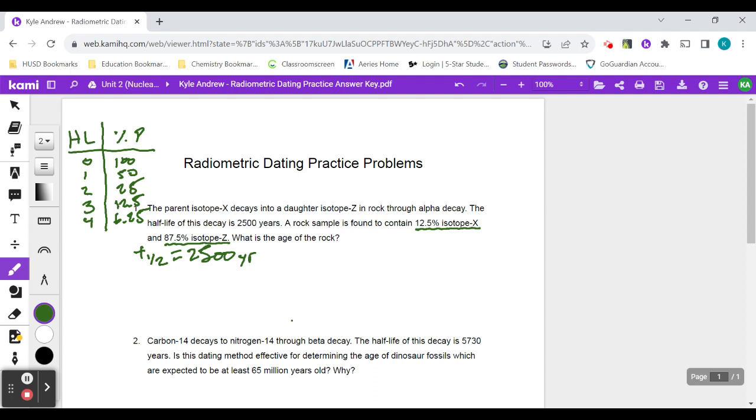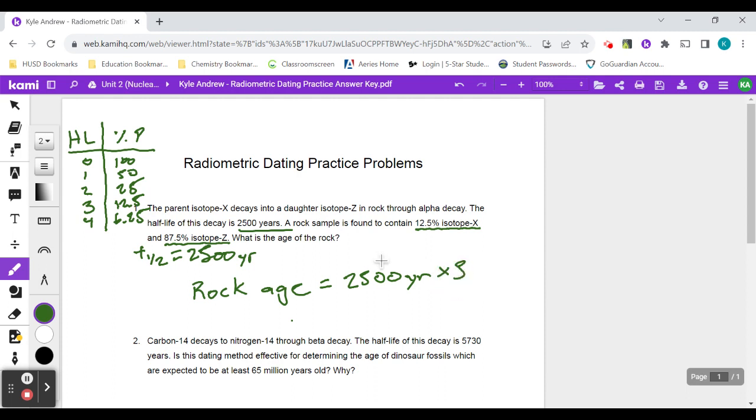So at this point, all we have to do is look at how long one half-life is. One half-life is 25,000 years. So if one half-life is 25,000 years, then the rock age is equal to 25,000 years times 3.